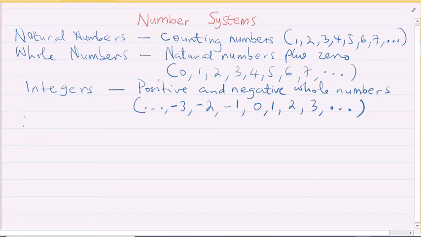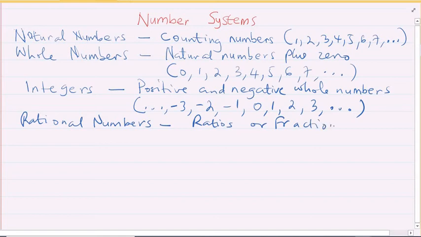Next I have is rational numbers. Rational numbers are numbers you can express as ratios or fractions.